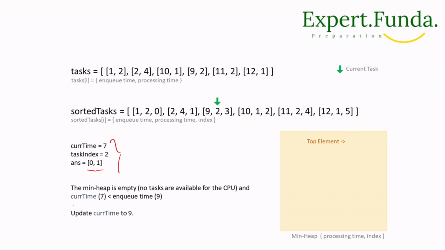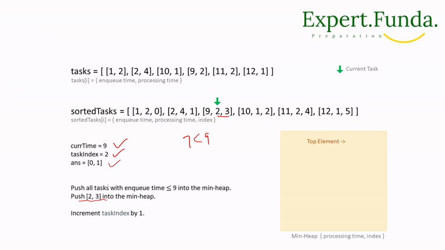So we check if the current time, 7, is less than the enqueue time, 9. Yes, 7 is less than 9, so the current time is updated to 9. The task index remains the same. Now we have to push 2 3 into the min heap, and then increase the task index. Okay, so let's see.